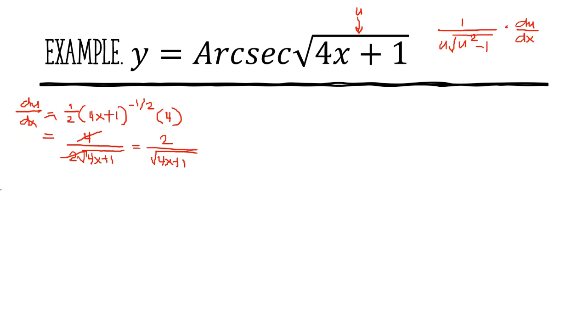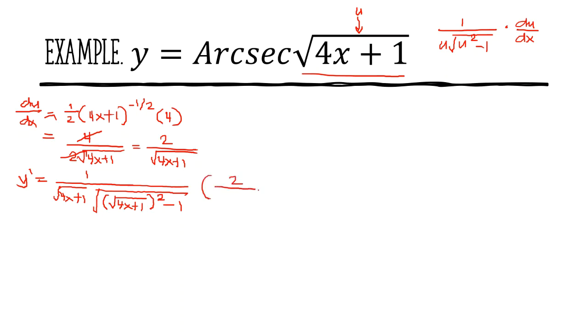So plugging in now the values, we have 1 over u, which is square root of 4x plus 1, and then the square root of u squared minus 1, where u is 4x plus 1, times our du over dx, which is 2 times square root of 4x plus 1.